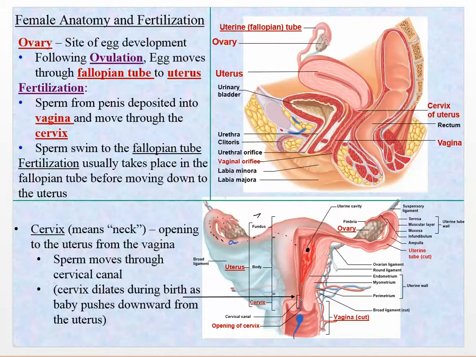Now the cervix, most of the time, is sort of sealed off. Not really sealed, but there's some thick mucus that sperm can't move through. So the sperm gets rejected most of the time, except a little while before and after ovulation. In that case, this mucus plug, as it's called, will thin, and the sperm is able to move up through the uterus into the fallopian tube, and fertilization takes place.